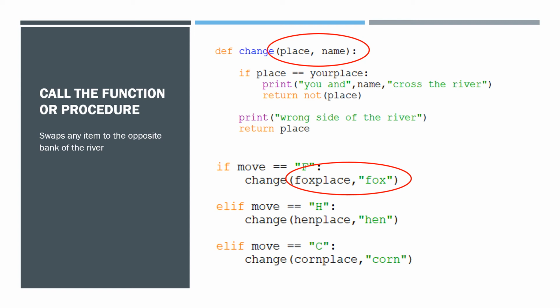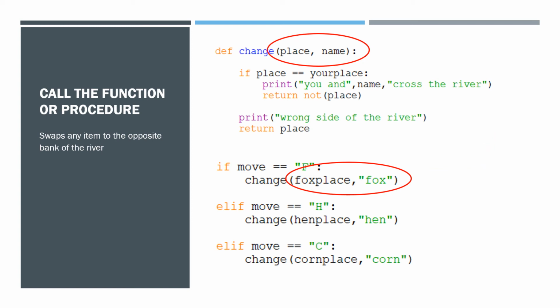So I call it with the place of the fox and the word fox, and those two values will be passed up. Fox place will be captured by the parameter called place, and the word fox will be captured by the parameter called name. Notice that there must be the same number of parameters, and they must be in the same order as the parameters in the procedure or function.